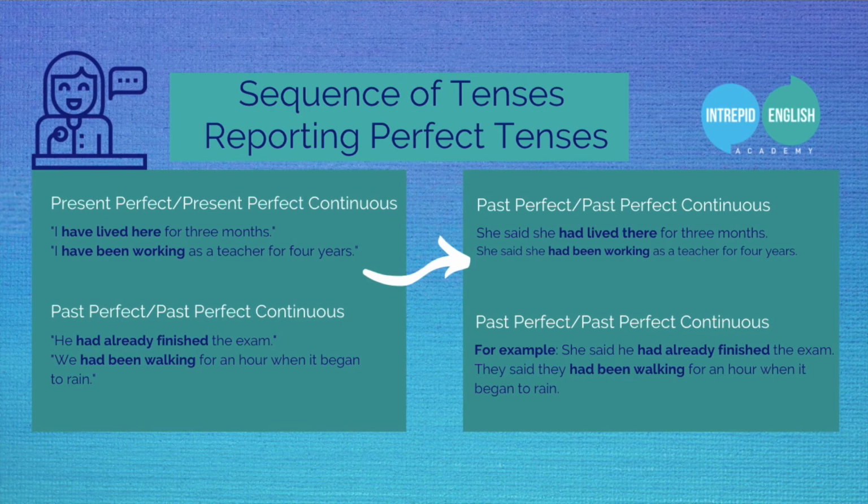They said they had been walking for an hour when it began to rain. So it's still clear that you're using reported speech because you use she said or they said or he told them, for example. But the verb tense construction stays the same. You don't need to transform it into anything else. Okay.